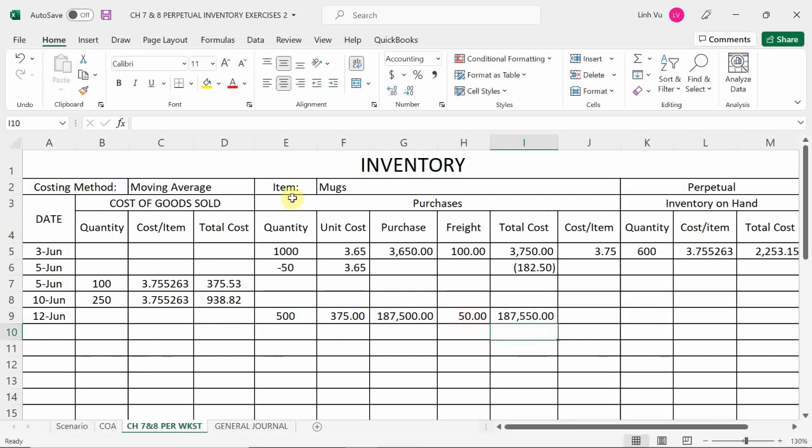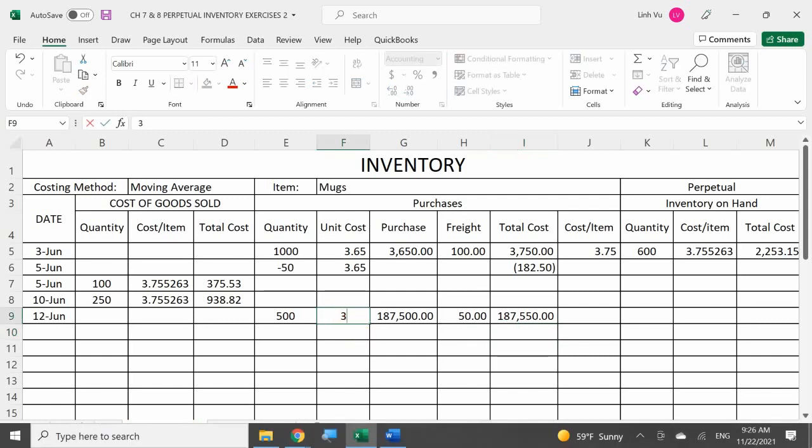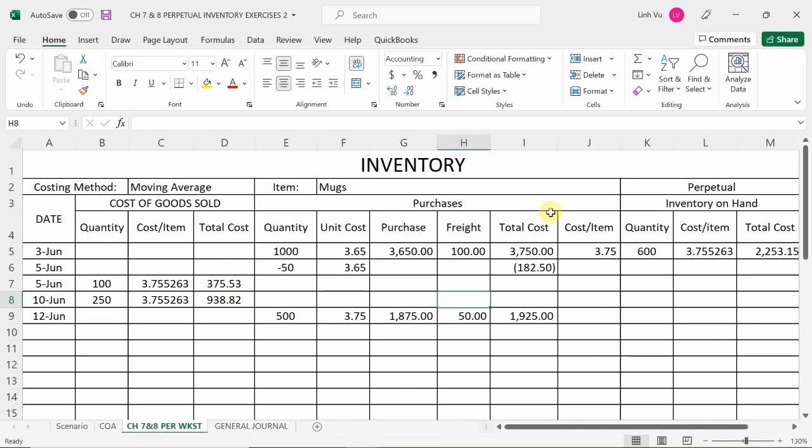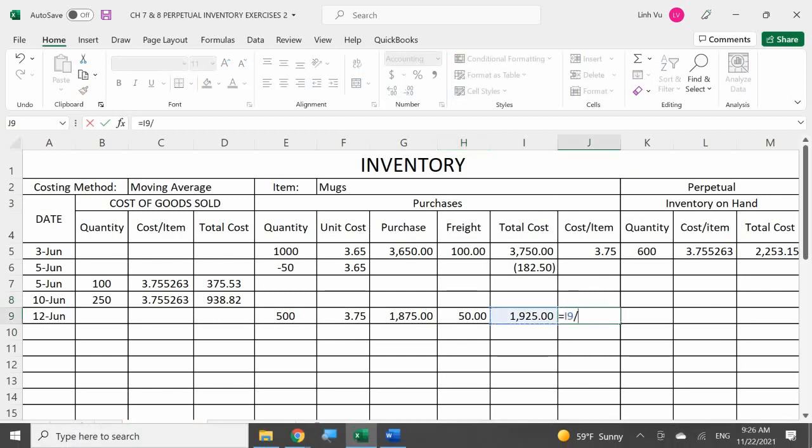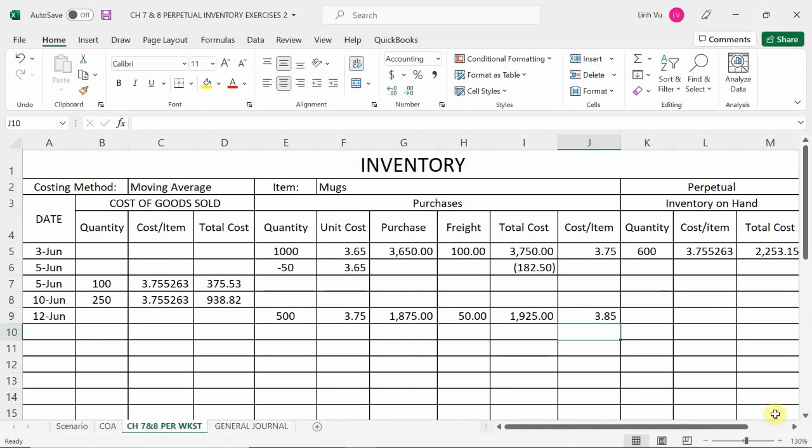Oh, my bad, I typed in the wrong number. There you go. 1,925. Good. So in this case, what is going to be my cost per item here? $3.85 each. Now let's see, is that evened out or is it not? In this case, it's an even $3.85 each.